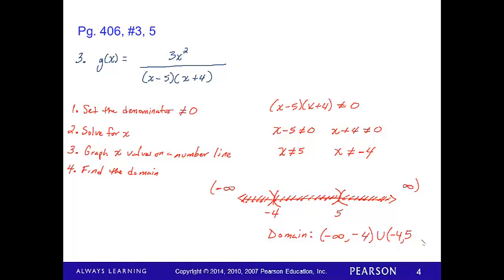Again, there's your parenthesis, and you're at a break, so again you need a U for union, and then parenthesis, 5, comma, infinity. So the domain of this function would be negative infinity to negative 4, union negative 4 to 5, union 5 to infinity.